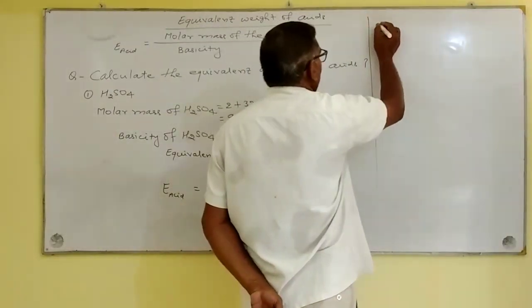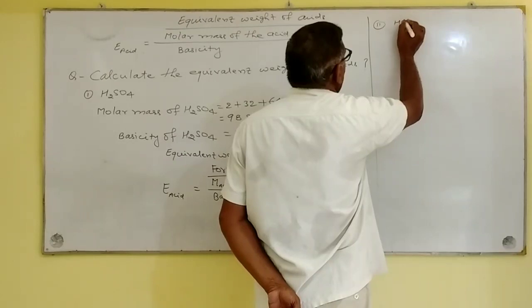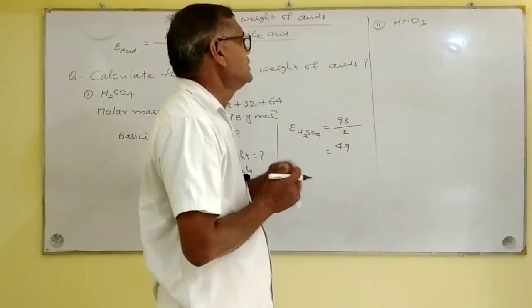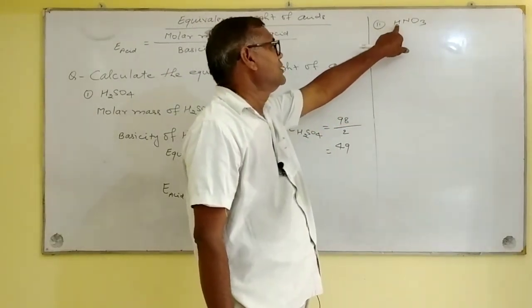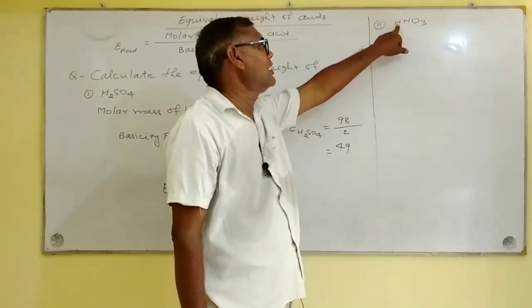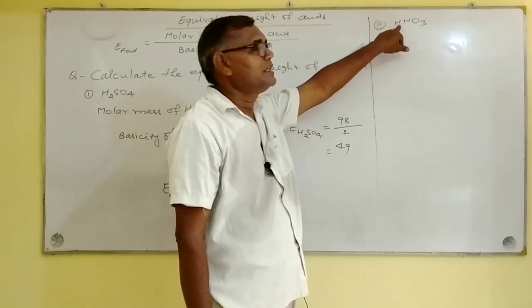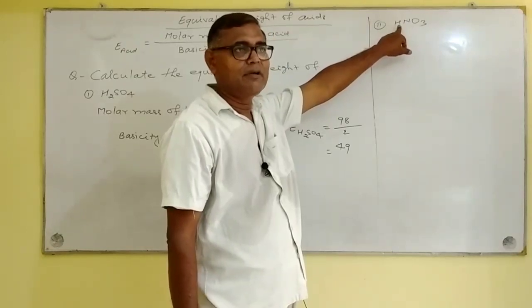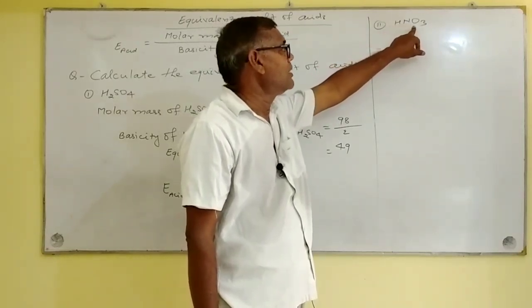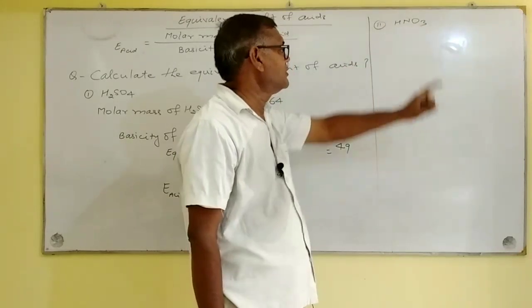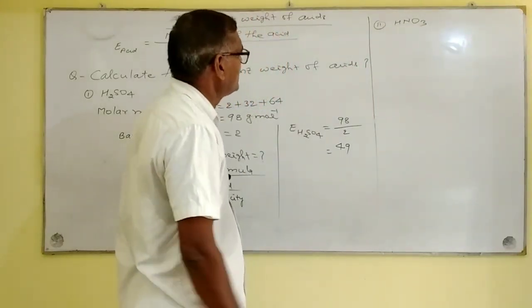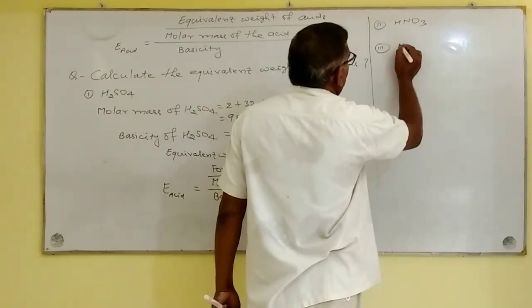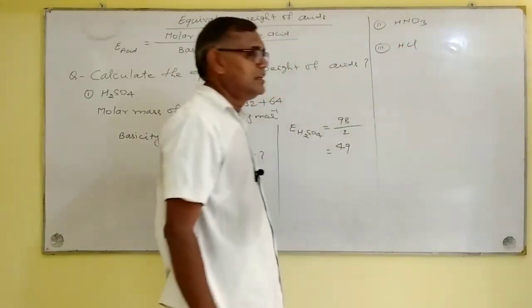We write HW: HNO3. HNO3 is nitric acid. In HNO3, one hydrogen ion present. Therefore, its basicity is 1. We divide molecular mass of HNO3 by 1, we get equivalent weight of HNO3. We write HCl.